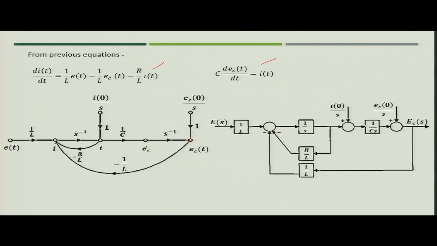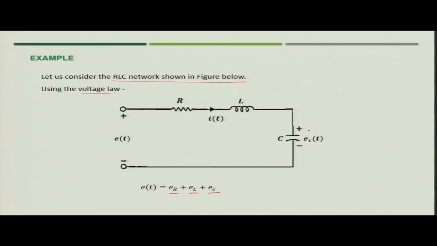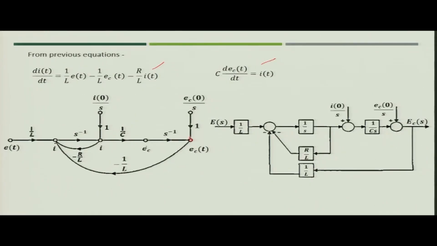The output required from the circuit is Ec, so we consider Ec as an output also, and the other variable is current I. So, we have these two nodes. Then the third one is the input, E(t), so we add the node E(t) also.